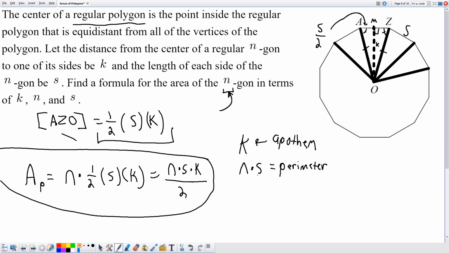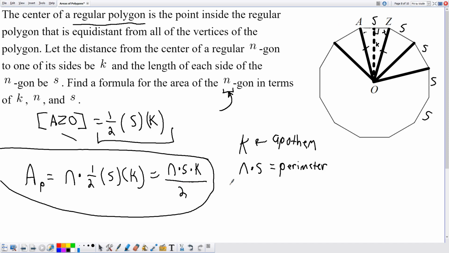If I have an equilateral triangle, what's the perimeter? It's the length of the side times 3. What's the perimeter of a square? It's the length of the side times 4. Because we can assume that each side length is s, the perimeter is s plus s plus s plus s plus s, or just s times the number of sides.